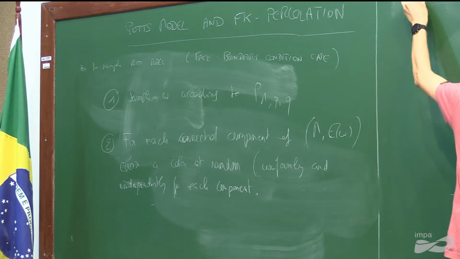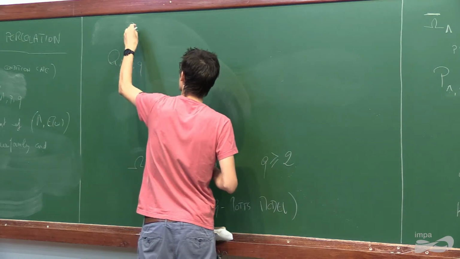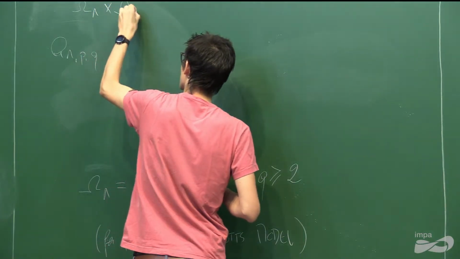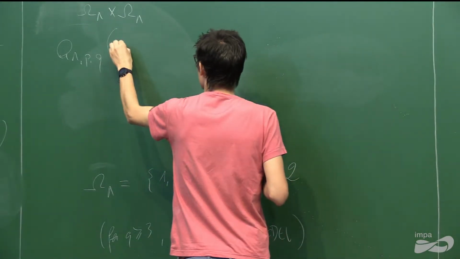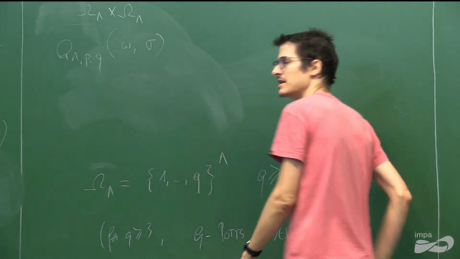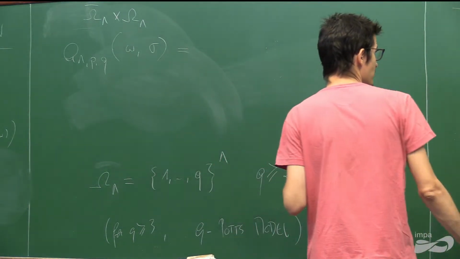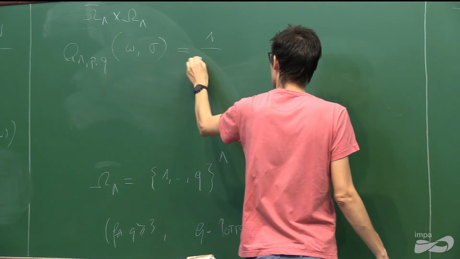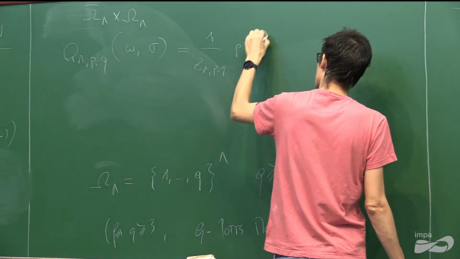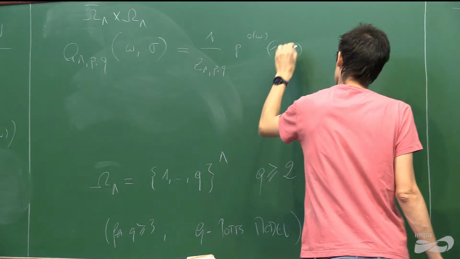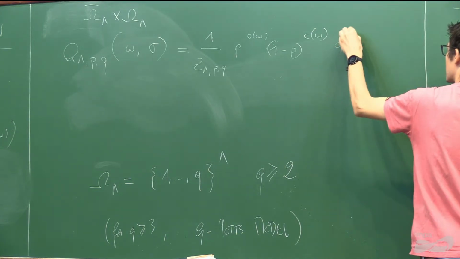The probability of observing a given edge configuration and a given spin configuration is first given by 1 over Z_{Lambda,p,q} times p to the O of omega, 1 minus p to the C of omega, and q to the K of omega.